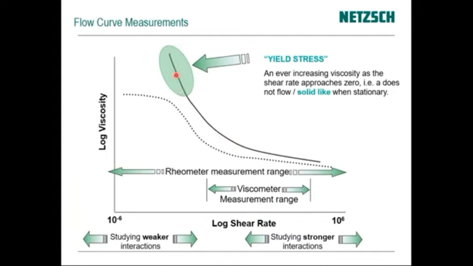G is equal to dV upon dr, the shearing rate, which is change in velocity upon change in distance, and the unit is second inverse. What is its unit? Second inverse.